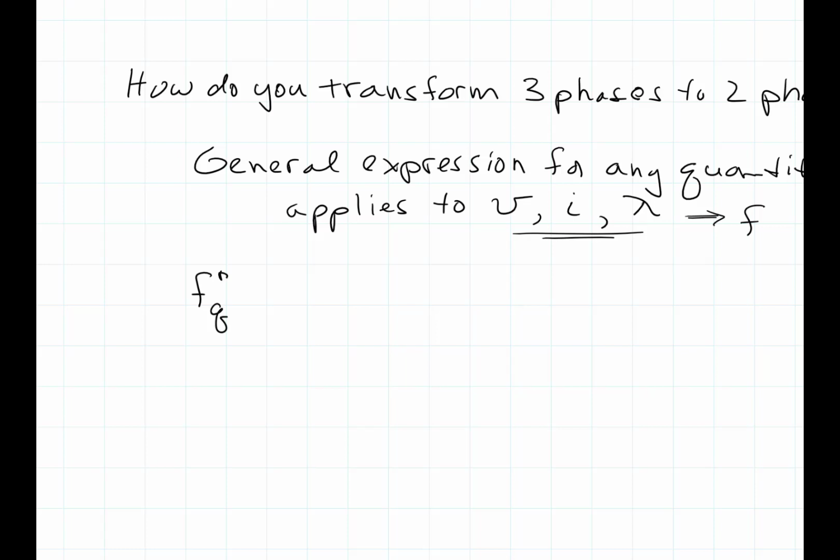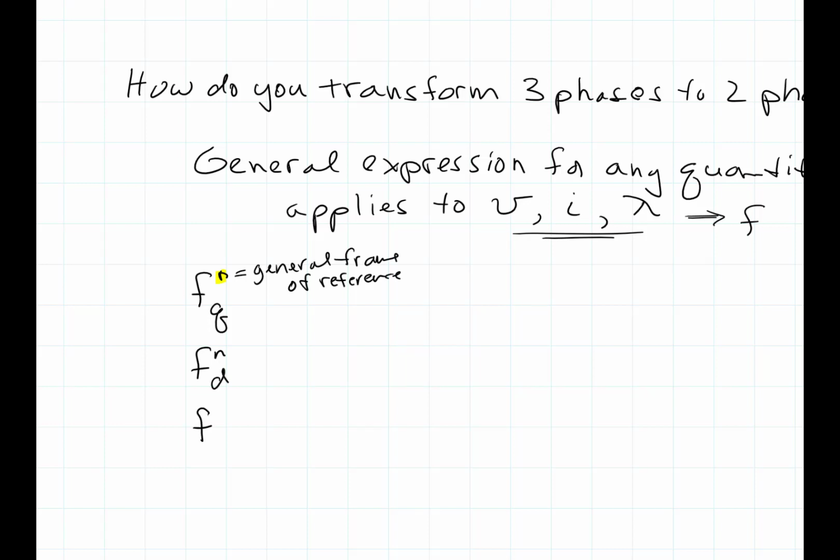and I'm going to put a little n up here, which represents the frame of reference, a general frame of reference. And I'm going to have an F superscript n d.